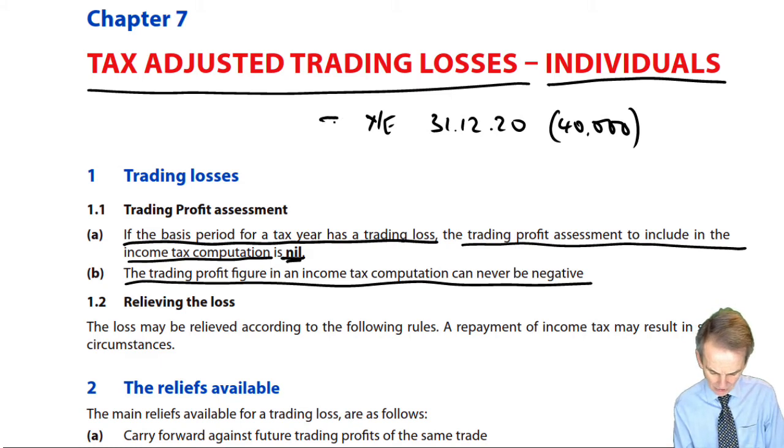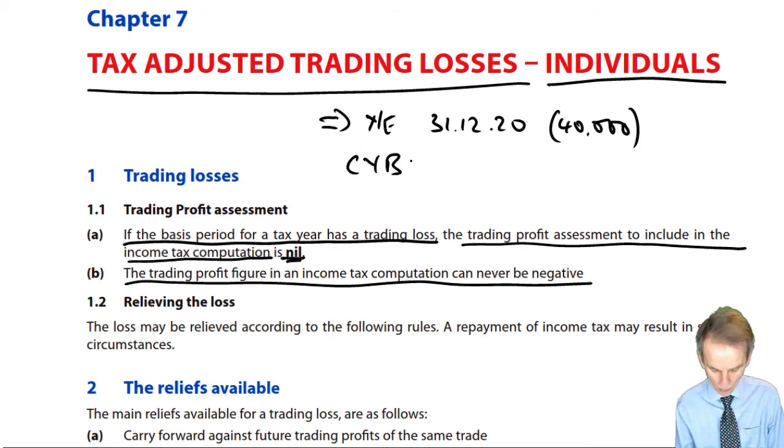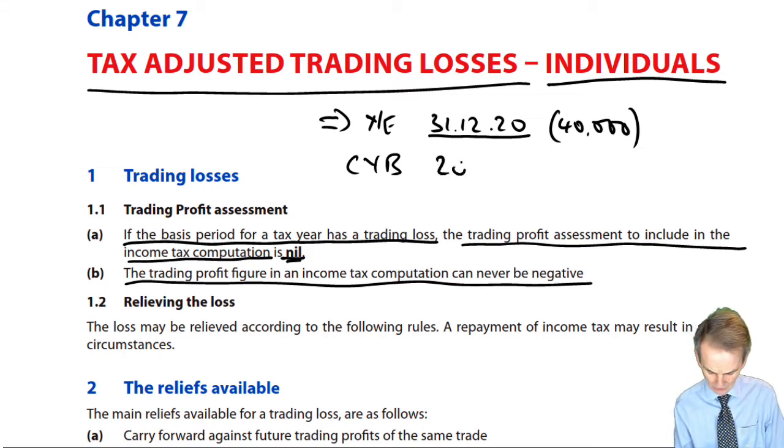And because this is another routine accounting year, we would now establish, well, in which tax year will that be assessed? For a normal ongoing business such as this, we use CYB. Now, the year ended 31st of December 20, in which tax year does that end? 31st of December 20 falls in the 2021 tax year.